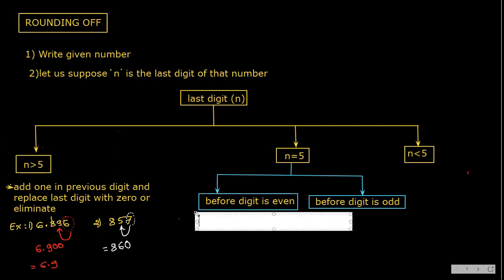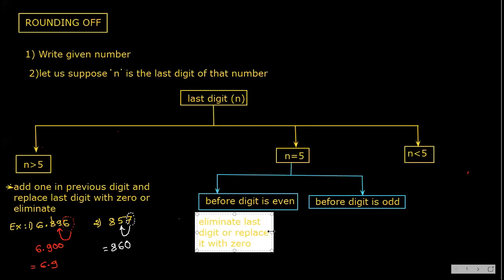Before digit is even, eliminate the last digit or replace it with 0. What do we have to do? Eliminate the last digit or replace it with 0.